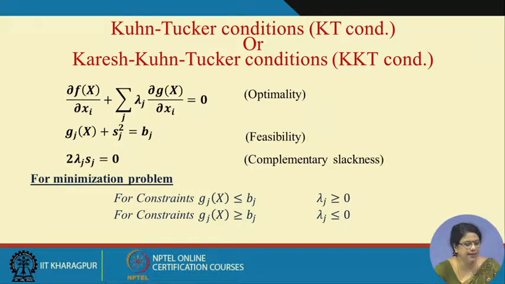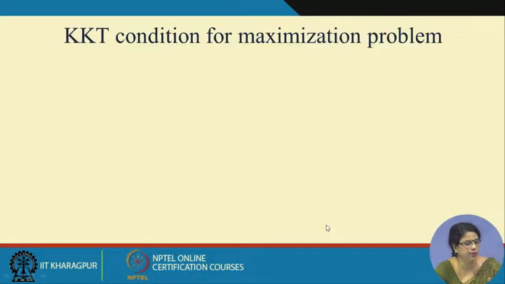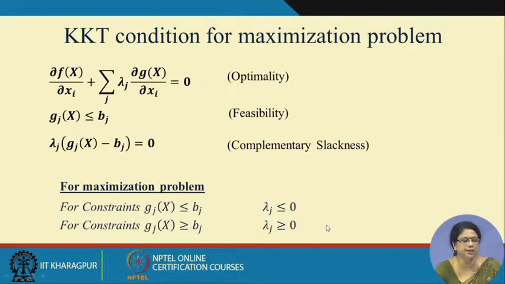Otherwise, if it is greater than 0, the corresponding constraint would be inactive. And for the constraint of type greater than or equal to, we will have the multiplier less than or equal to 0. The same set of conditions can be repeated for the maximization problem as well.